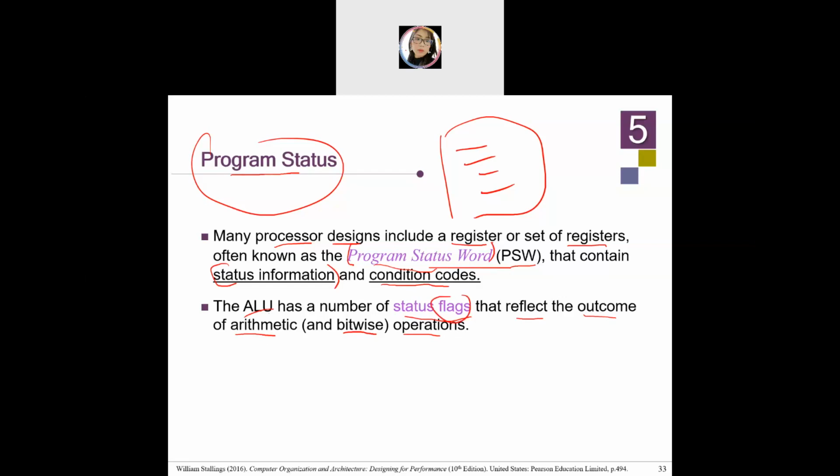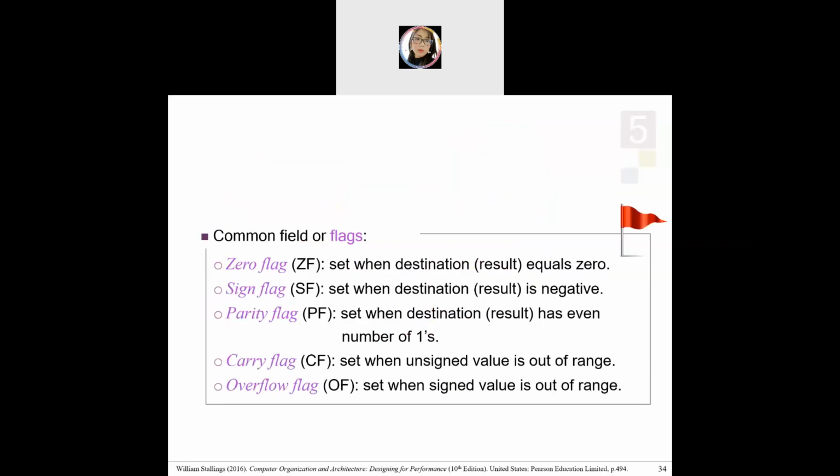So let's see the common or general flags that we always use. We have several flags: ZF, zero flag, SF, sign flag, PF, parity flag, CF, carry flag, and lastly overflow flag.